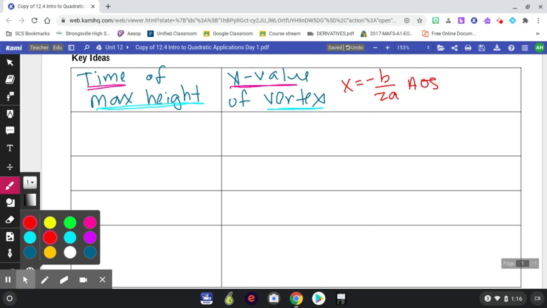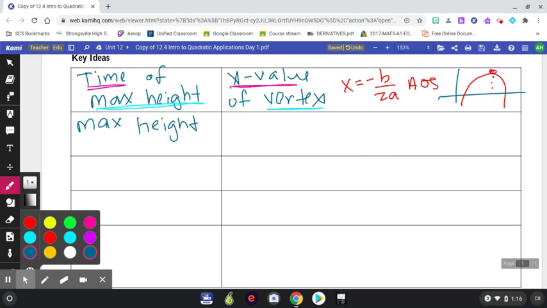Remember, that helps us find that axis of symmetry. And so if I were to make this graph, here's my vertex, and I'm looking for that x coordinate of the vertex.